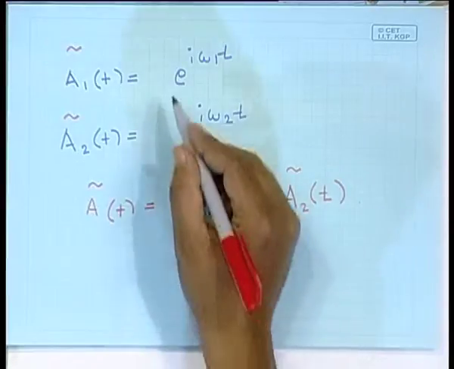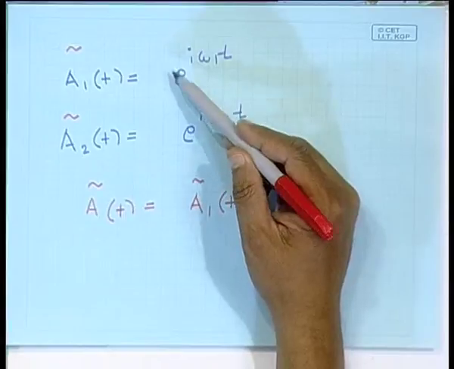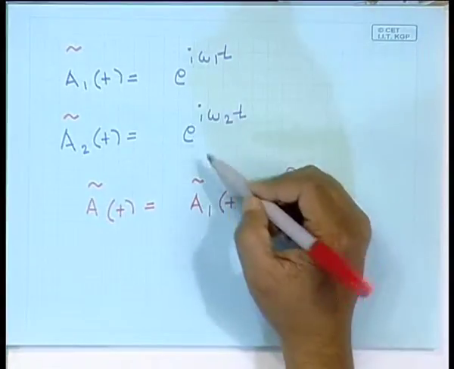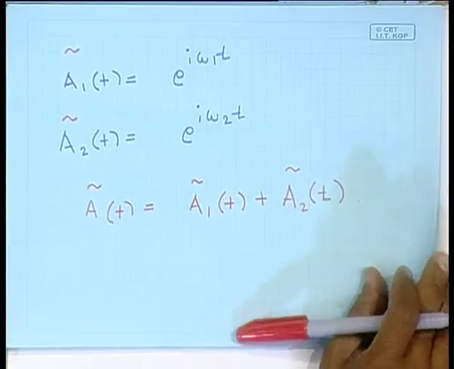So, we have in this situation considered the amplitudes of the two waves to be identical and we have superposed them, and this can be simplified to some extent.